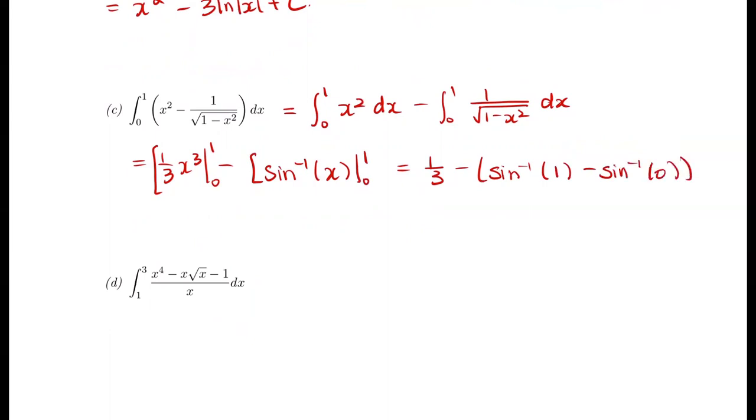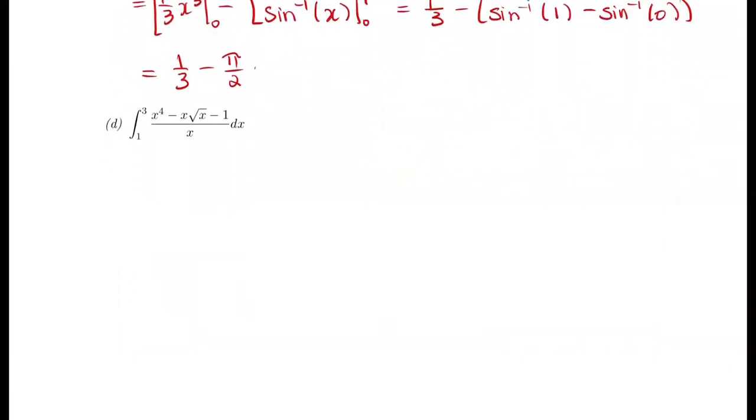Well, the first value, if you put this into your calculator, you would see that this value is actually pi over 2. But as for the second one, this would be just 0. So that means this integral would just be 1/3 minus pi over 2. And that's all.